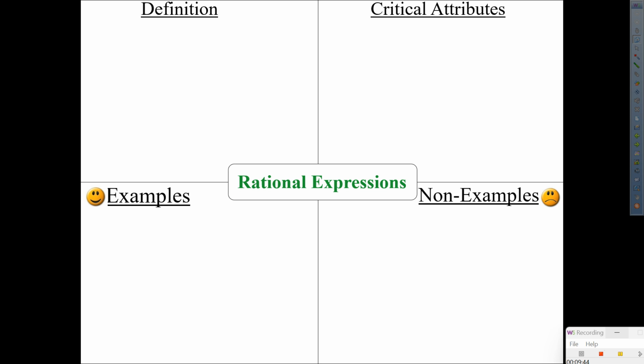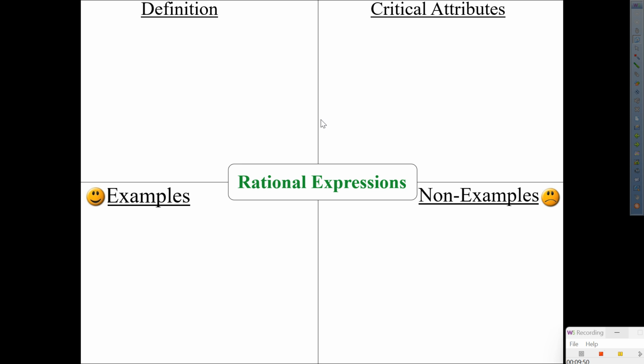Time. Here's one from your colleagues on your screen. They wrote, numerator and denominator are polynomials. Would you take that definition? Yes. What would be another one? How about fractions with polynomials? Ooh, yes.